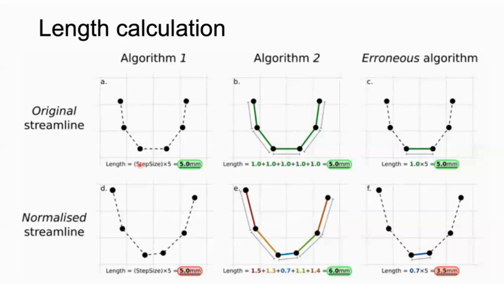If you just use it as a step size, length is counted as the number of step sizes. It might work in certain cases. It might not work in certain warped cases where the streamline is warped. So don't rely on step sizes was the main point, and it was hidden from them.